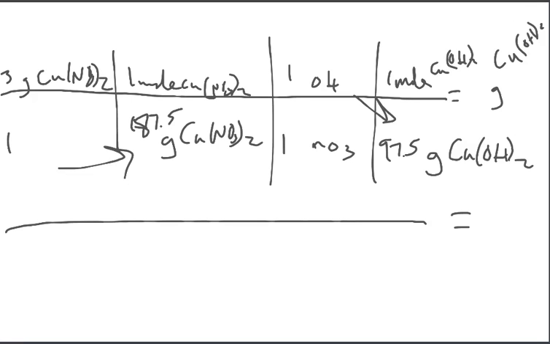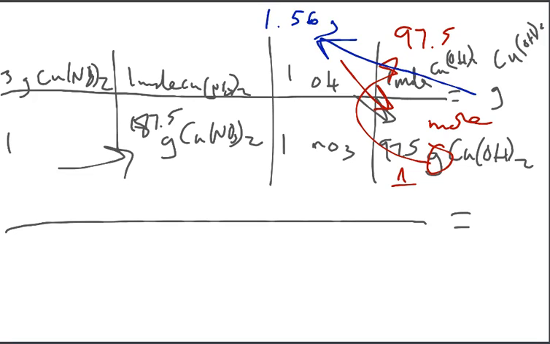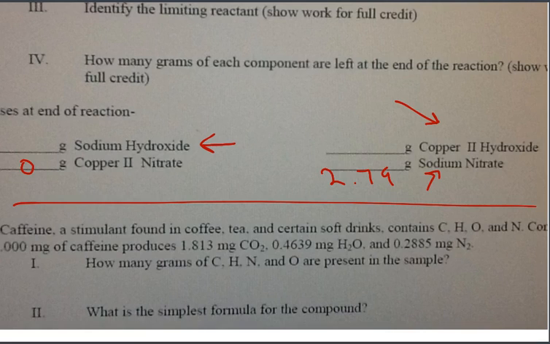Now, if I plug that in, most of you probably already noticed while I was writing it, but I wrote this upside down. I needed mole on the bottom, and then the grams on the top. So up here's my 97.5, and down here's my 1. Sorry. I'm sure that you had that before I noticed it. So I solve that problem, and I get 1.56 grams. So let's go ahead and put that in.